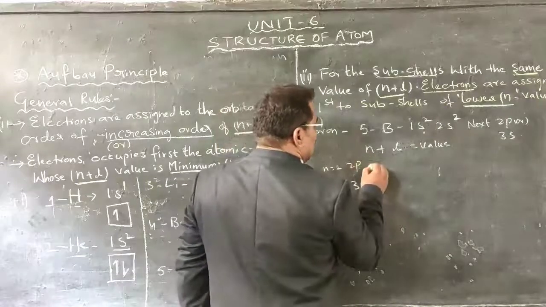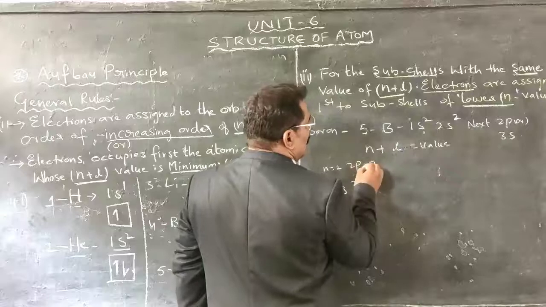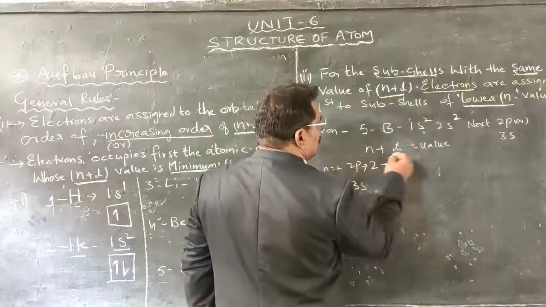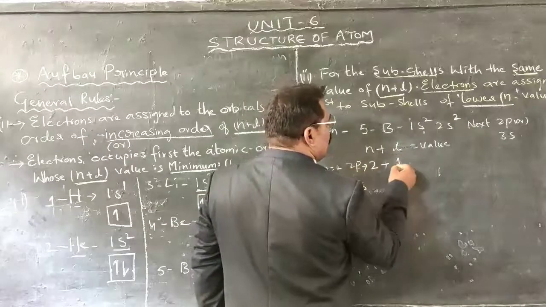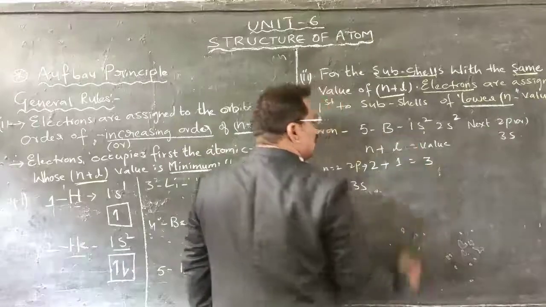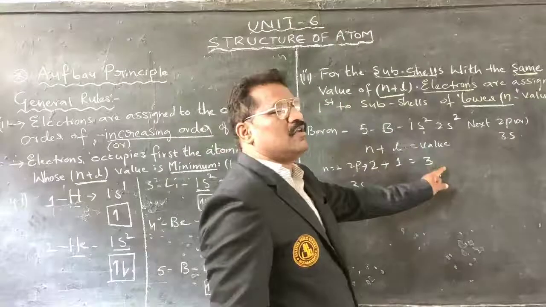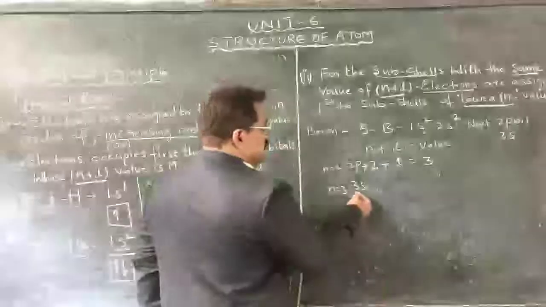For 2p, n is equal to 2, and p means l is equal to 1. 2 plus 1 is equal to how much? 3.